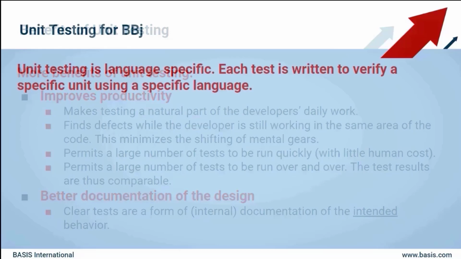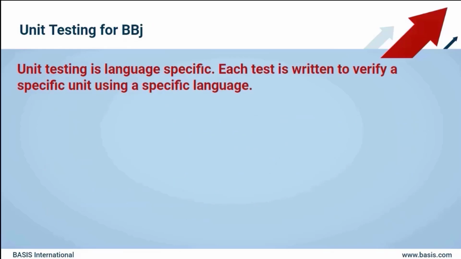Now, if you know much about unit testing, and you may not, but you may already guess that unit testing is language specific, meaning the way you would test a piece of C++ code and test a piece of Perl code and test a piece of BBJ code are different because the code syntax, semantics, and structure can be quite varied.